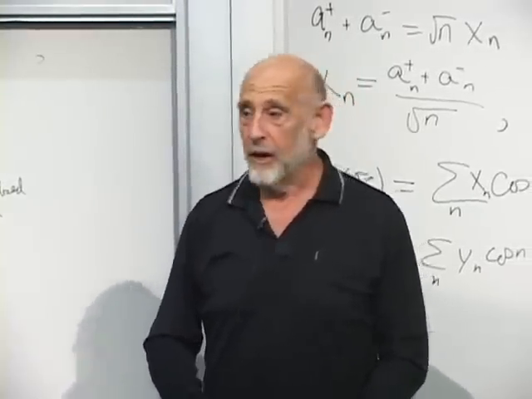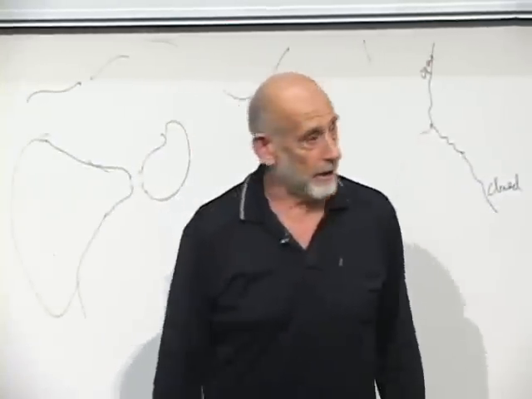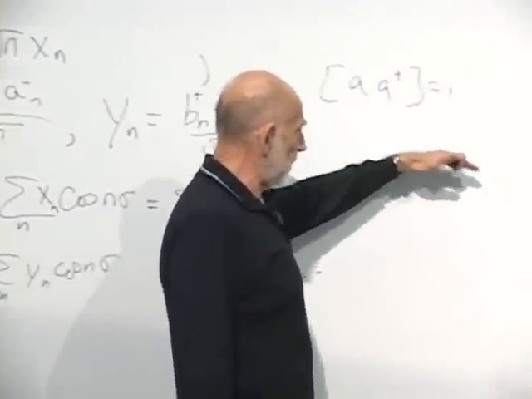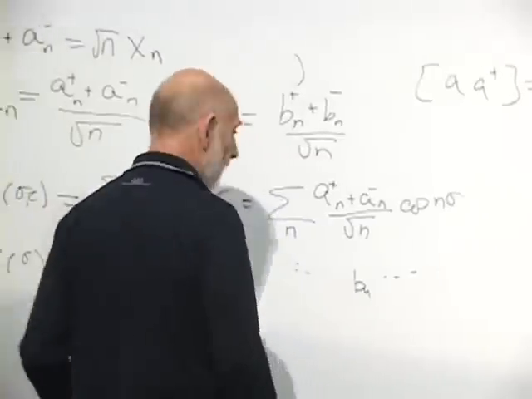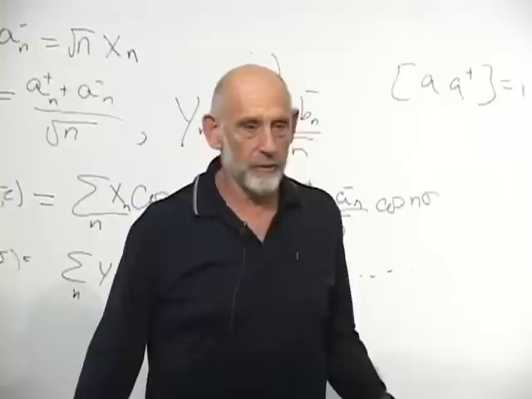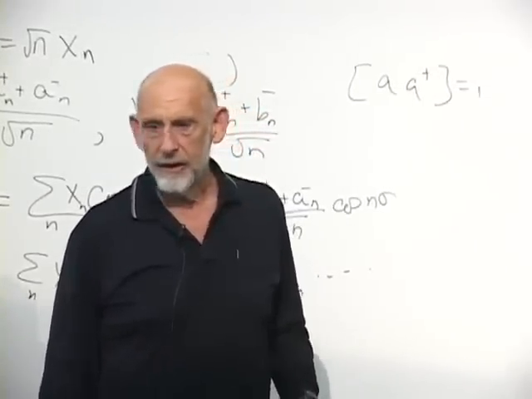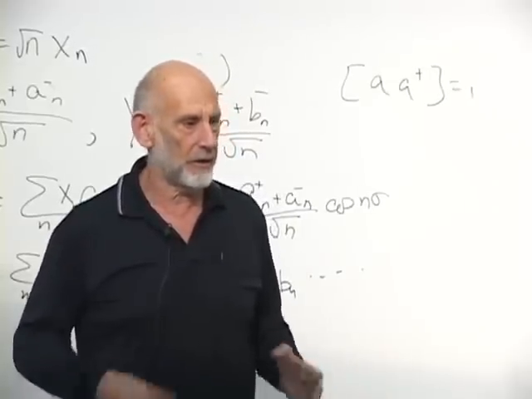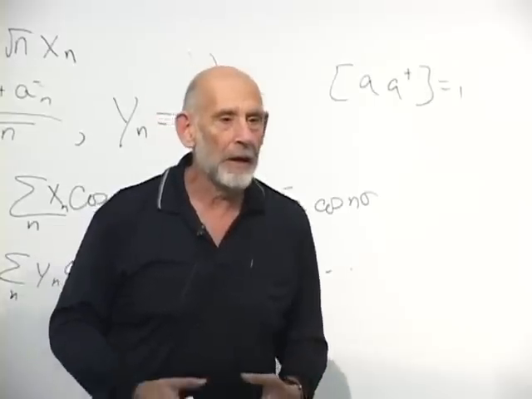Another way to ask the question is, I tell you that adding an excitation of energy increases the mass or the mass squared by a certain amount. In what units? In kilograms, in giga-electron volts, in slugs? How much does one unit of excitation increase the mass by?